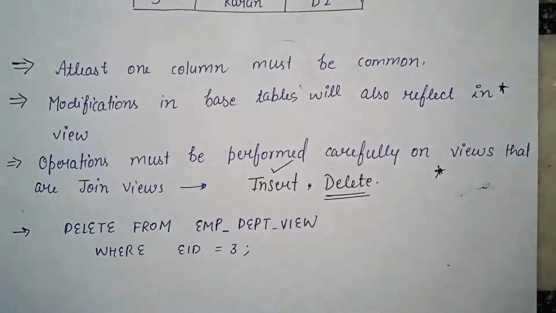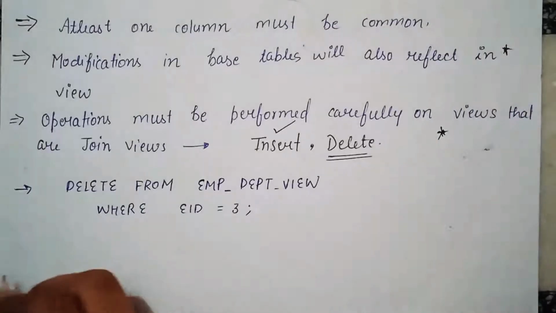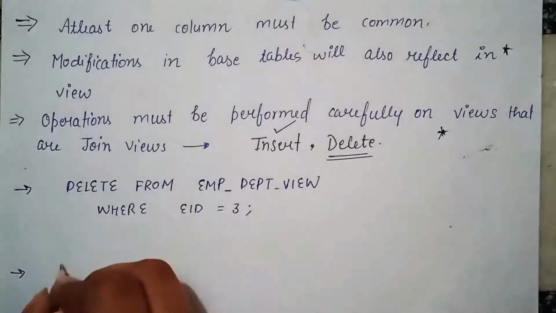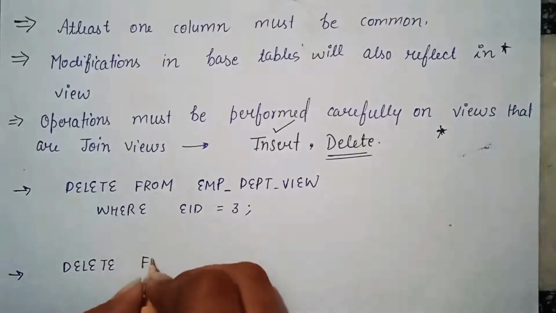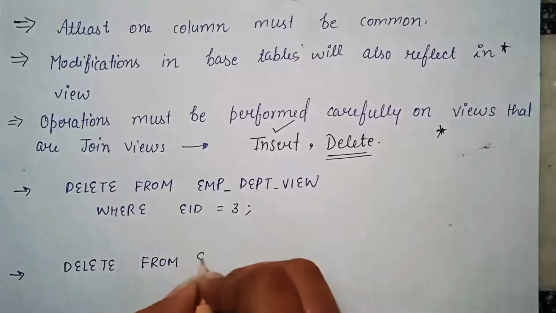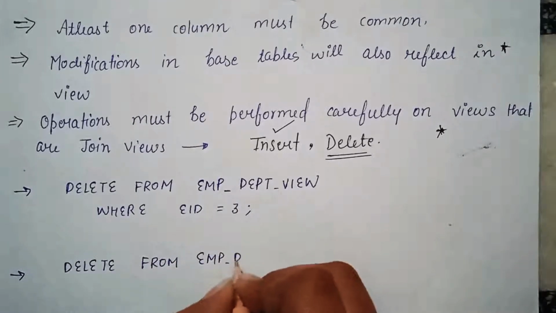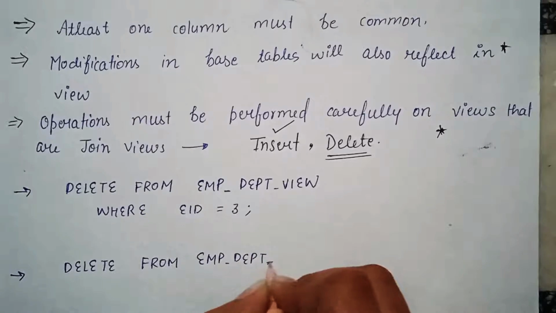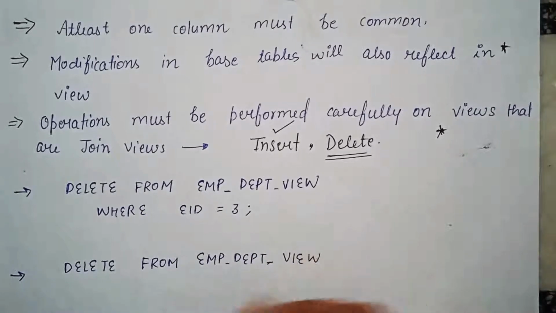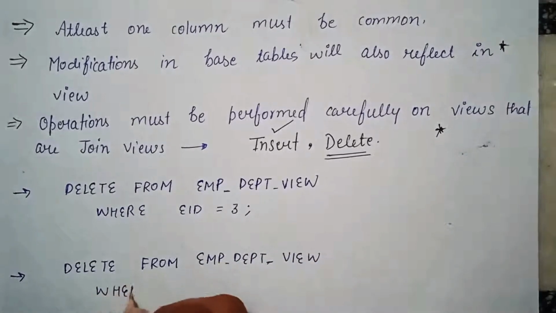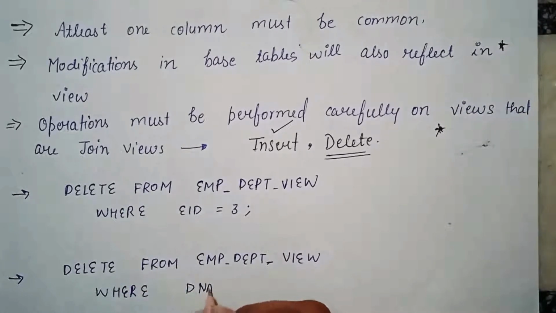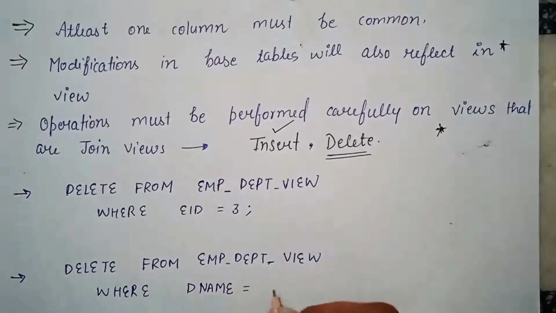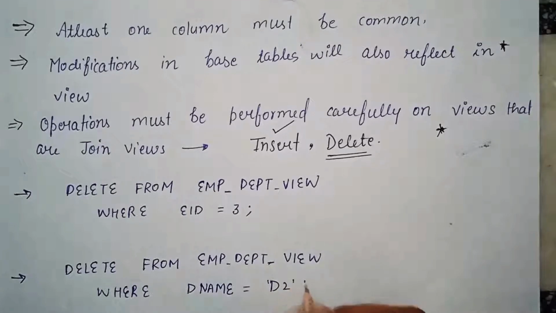Now let's say I have written one more delete query, this is the second condition: delete from this same view, emp department view, where, just notice this point, department name is equal to D2.